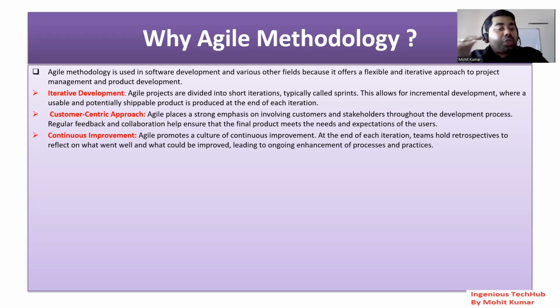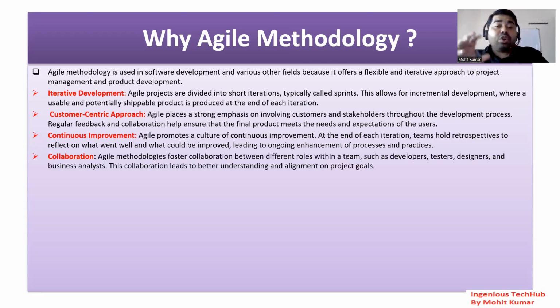So we have continuous improvement, and definitely we can be more productive. Agile promotes a culture of continuous improvement. At the end of each iteration, the team holds a retrospective to reflect on what went well and what could be improved, leading to ongoing enhancement of processes and practices.